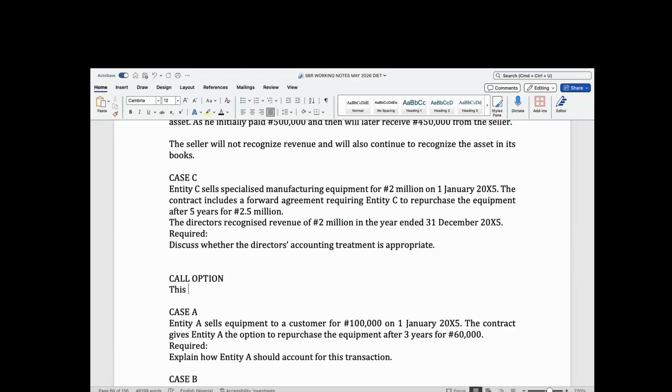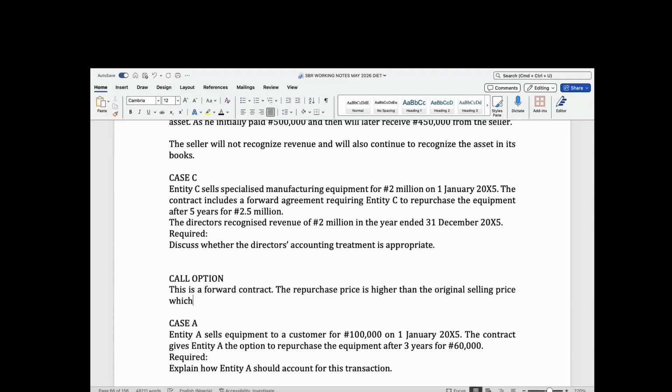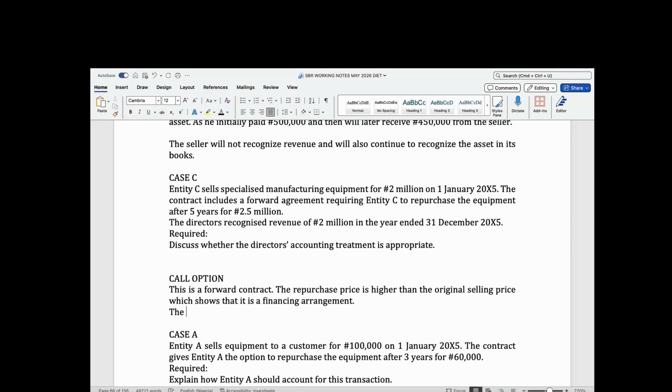So clearly, this is a forward contract. And the repurchase price is higher than the original selling price, which shows that it is a financing arrangement. The 2 million will be recognized as a loan.